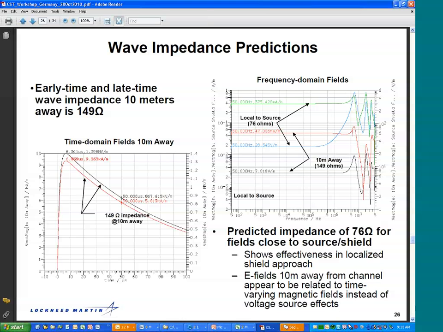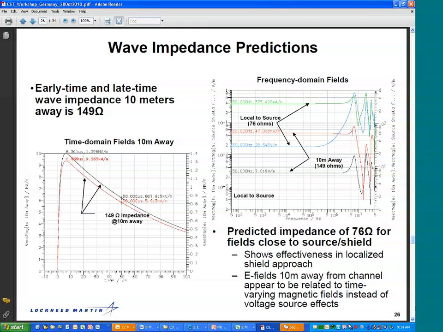Eventually, when you get far enough away, the E and H fields will balance out in a plane wave. But in lightning, with a low frequency and the size of the channel, it takes considerable distances before you achieve that. It's actually 149 ohms of wave impedance at 10 meters and 76 ohms local to the source. That shows how effective this local shield was in suppressing the electric field.